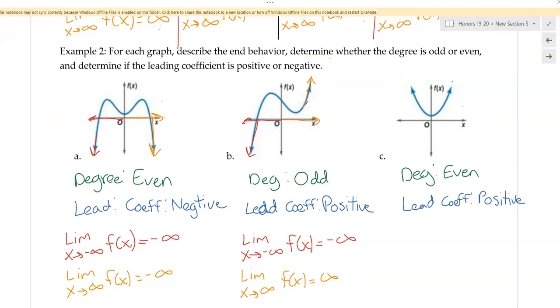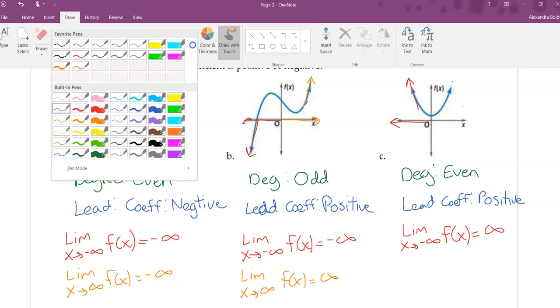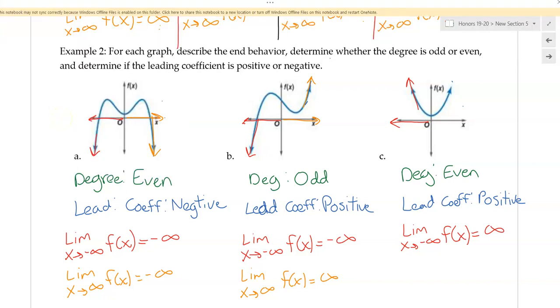As my graph goes left forever, so the limit as x approaches negative infinity of f of x equals, as I go left forever, my graph goes up. As I go right forever, right, as x goes towards the positives, my f of x is going up. Right, my graph is going up.